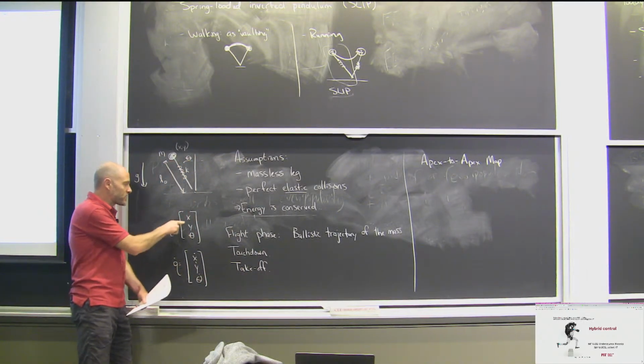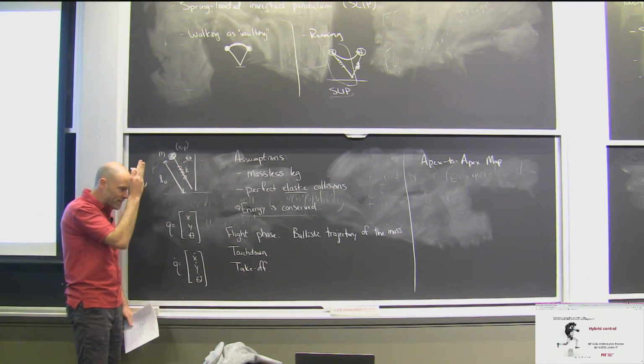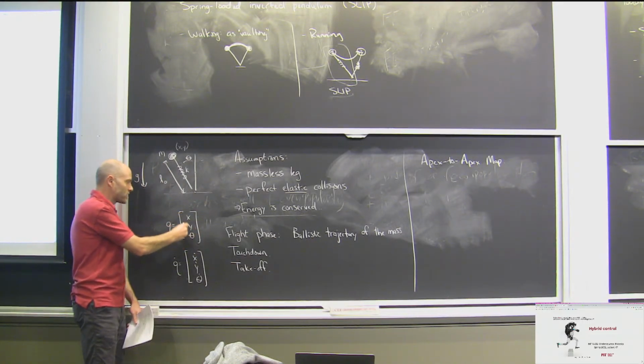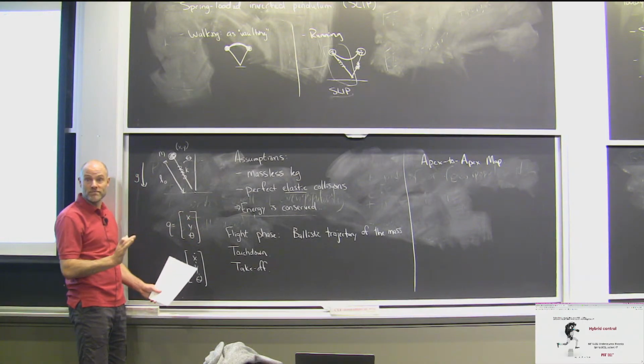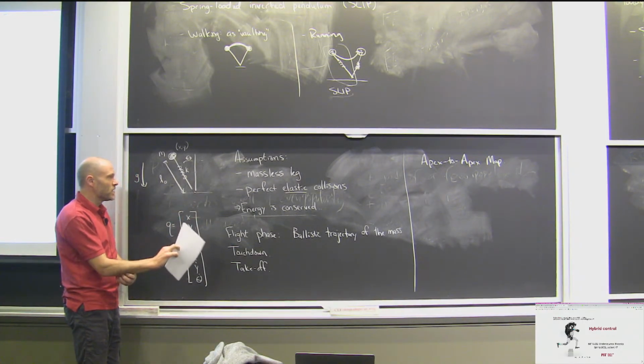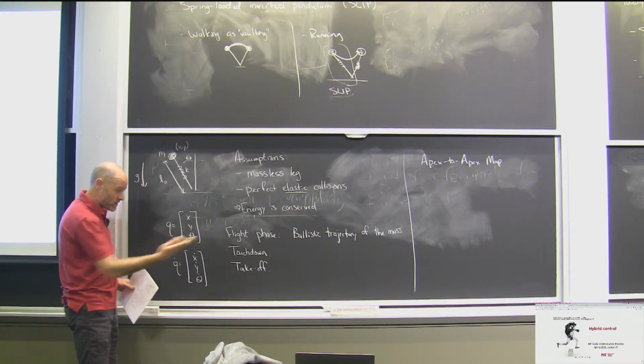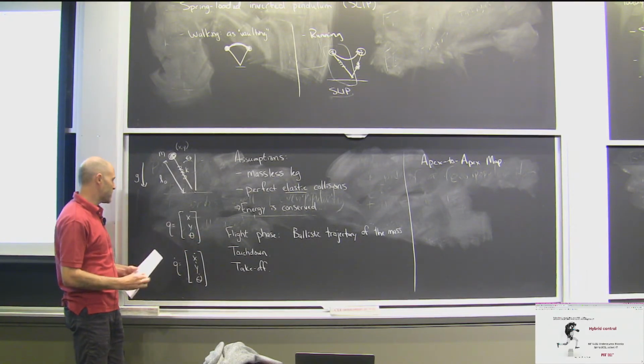From one apex to the next apex, the x dynamics can safely be ignored. I'm just going to be moving forward. I could do a strict translation in x and my dynamics would be the same.